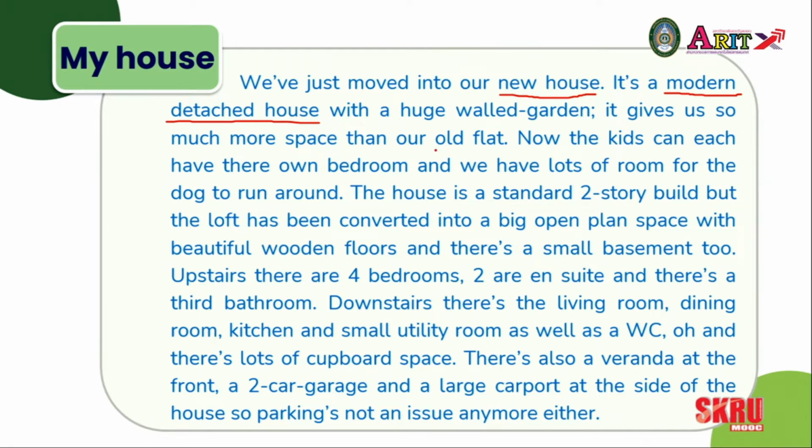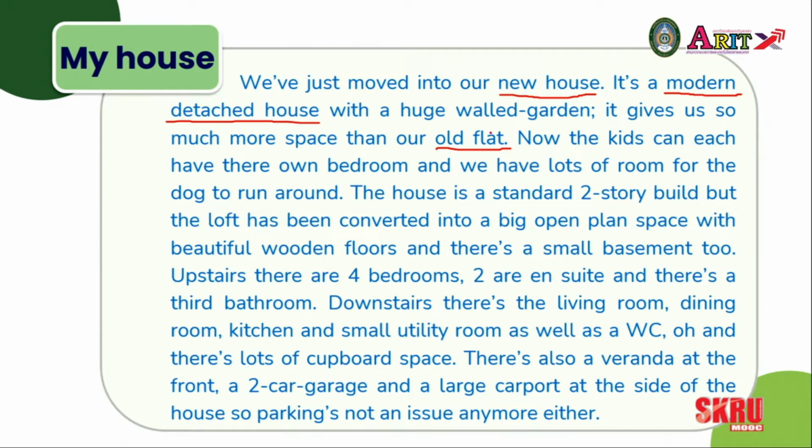It gives us so much more space than our old flat. So another type of property, a flat. If you were American, you'd call it an apartment. So that's a block of flats, or an apartment building has many different houses located within the one structure.